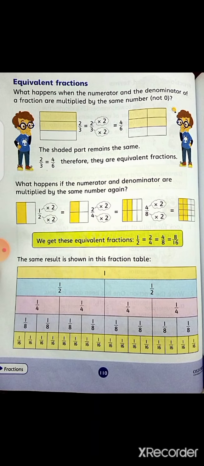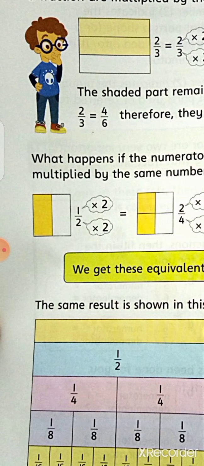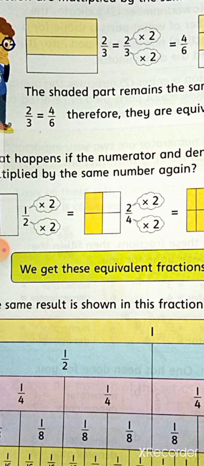Now we are going to find equivalent fractions. First figure is divided into 2 equal parts. Shaded part is 1. So fraction is 1 over 2. When we multiply numerator and denominator of the fraction by 2, the new fraction is 2 over 4.